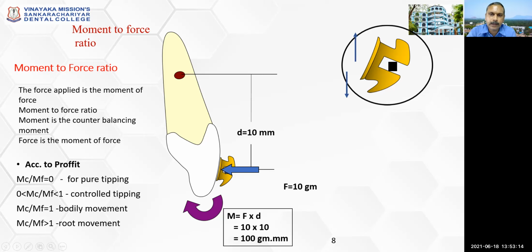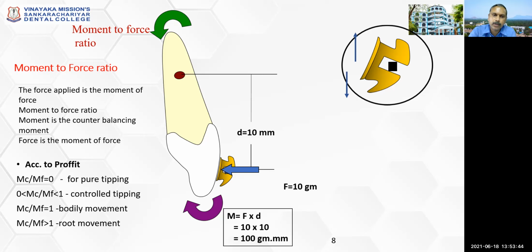That bracket is like a handle and the arch wire inside will apply a force or a pressure for that bracket to act on the crown of the tooth, which gets transmitted onto the root also, and then the tooth movement desired will happen. You see the animation where the force is applied on the crown through the bracket and a counterbalancing moment is applied on the root of the tooth.